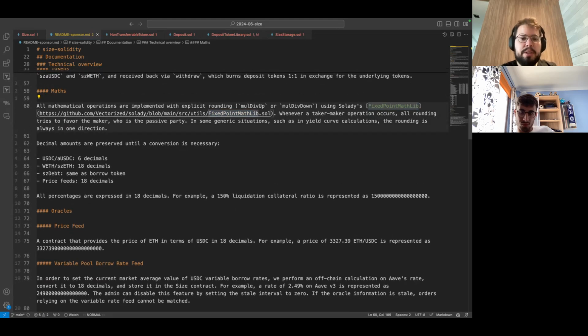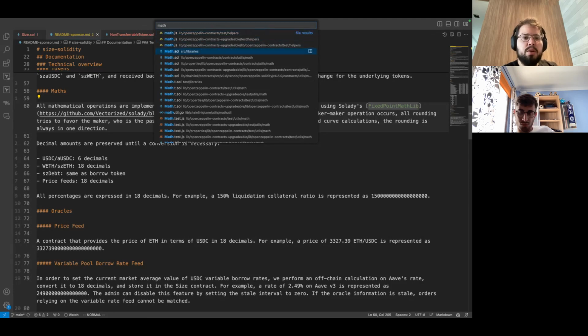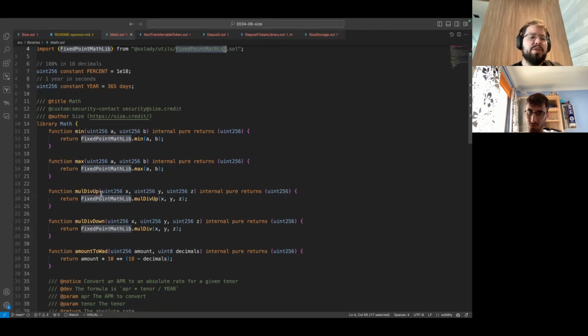Another goal that we had was to make sure that the rounding was always correct. This is very hard, but as you know, there are many bugs that are due to incorrect rounding. You can lose millions of dollars literally if you are not rounding in the right direction. And this is why we decided to use Solady's fixed point math lib for all our math operations.